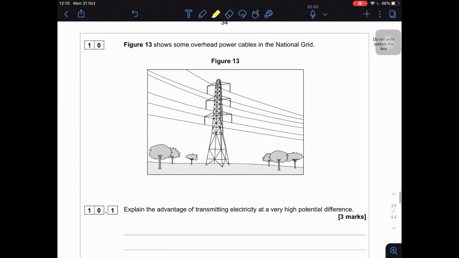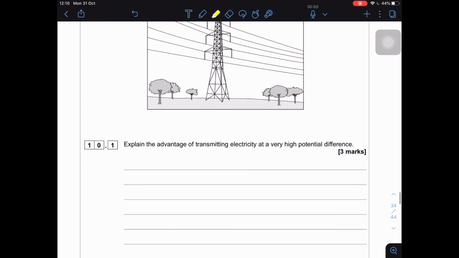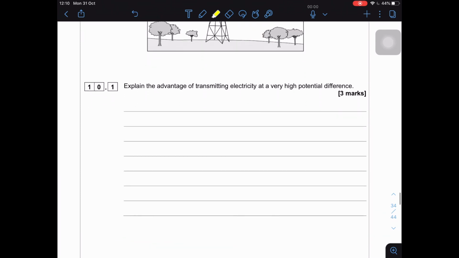Good. Now let's go on to the 10th question. Again, another question on the national grid. There are some power cables in the national grid. What is the advantage of transmitting electricity at a very high potential difference? Means high voltage.